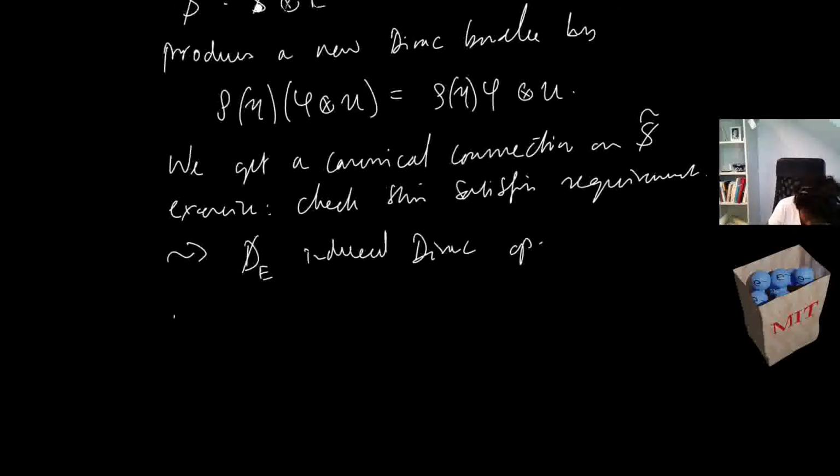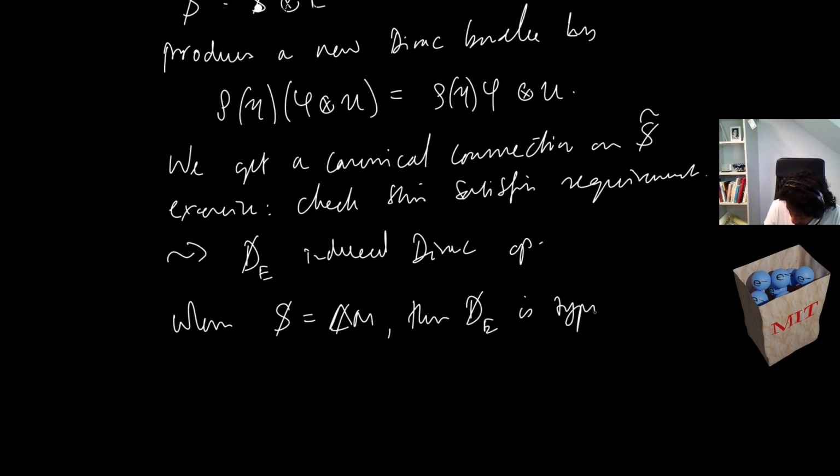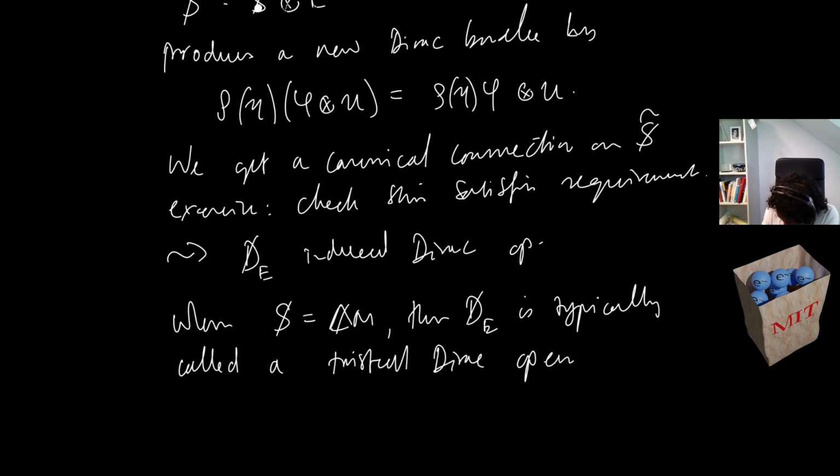So when we have the situation where S tilde is the spin bundle, then D slash E is typically called the twisted Dirac operator. All right.